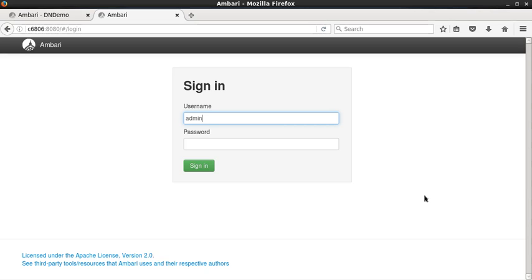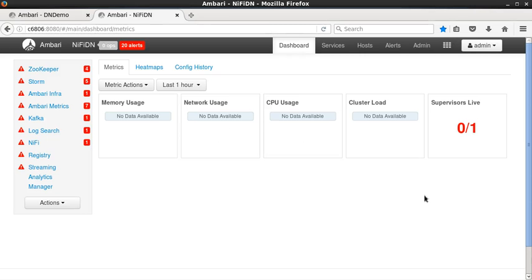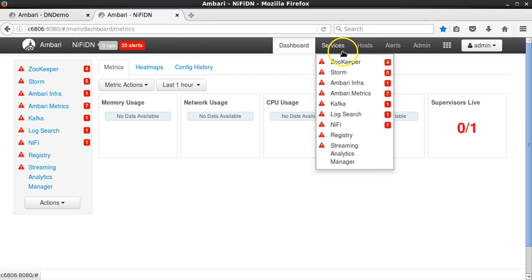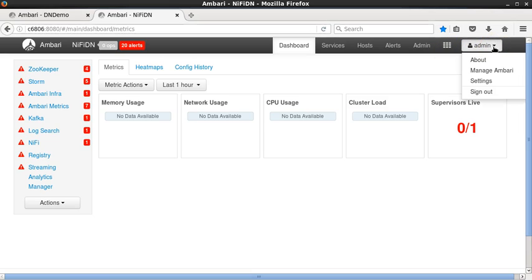So let's take a look at what this Ambari server looks like for HDF. As usual, I'm going to log in as admin. And the interface is exactly the same. You see the dashboard, you see the name of the cluster, you see the services, you see the hosts, you see the alerts, you see the admin options, you see if there are any specific views, and then obviously settings about managing Ambari.